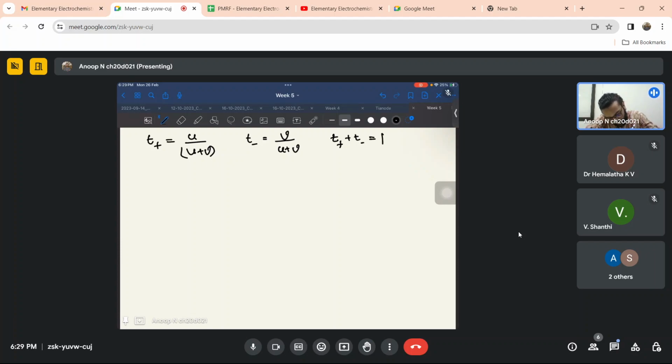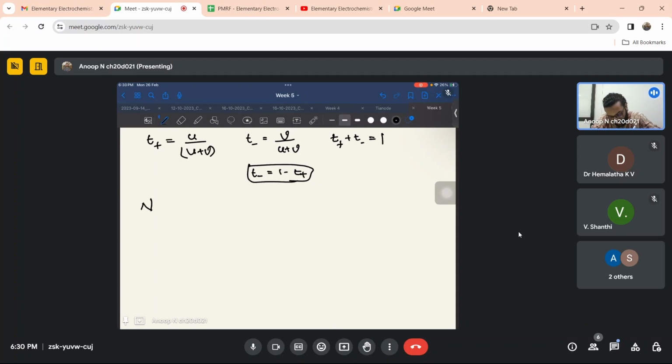So you can also write from here t minus is equal to 1 minus t plus. This is a general outline of how we can calculate the transport number. In general, you can remember this for doing problems.